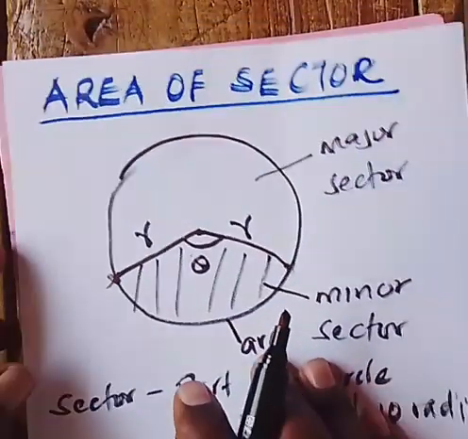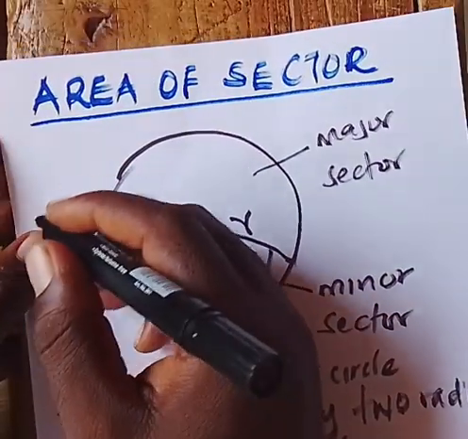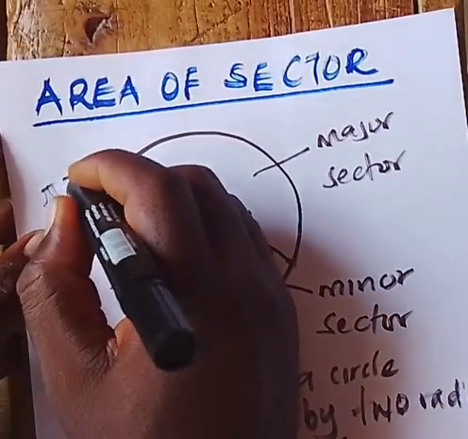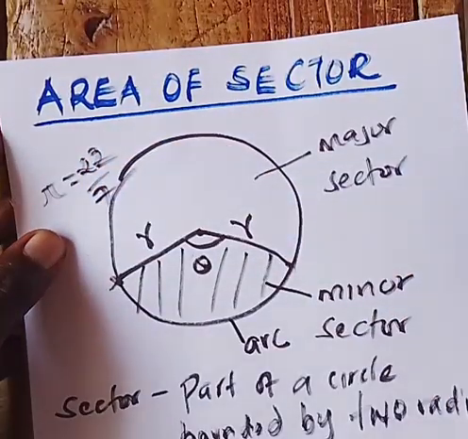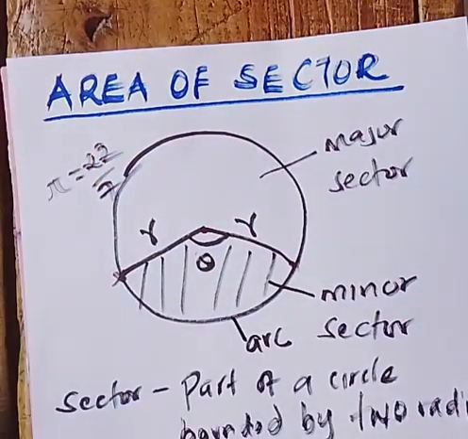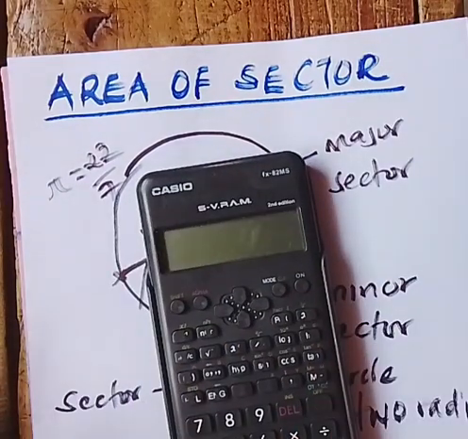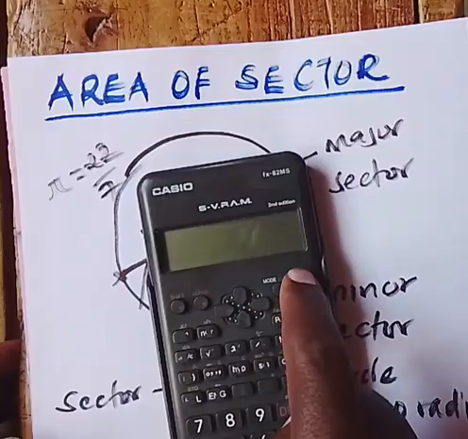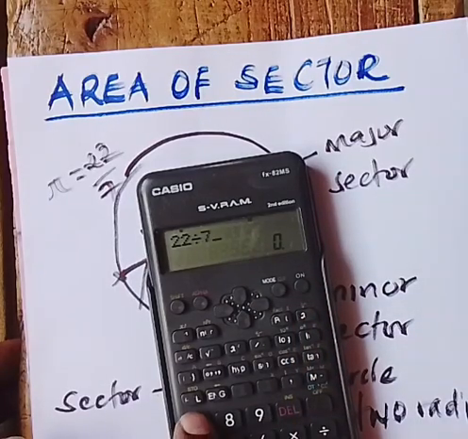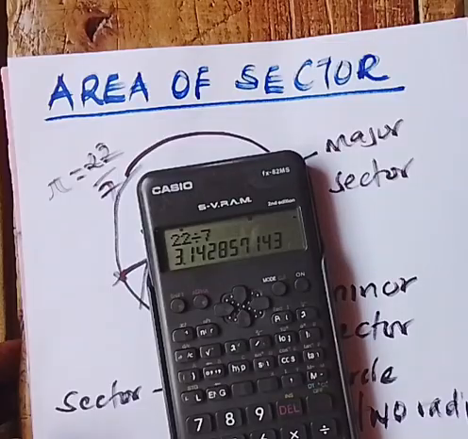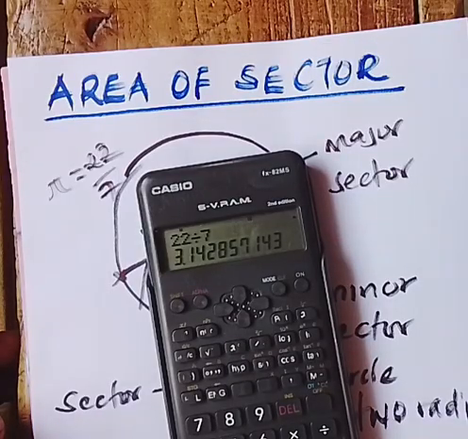Pi is always given by 22 over 7. Sometimes if you take a calculator and try to get pi, you can say it's just 22 divided by 7, and you will get 3.142.